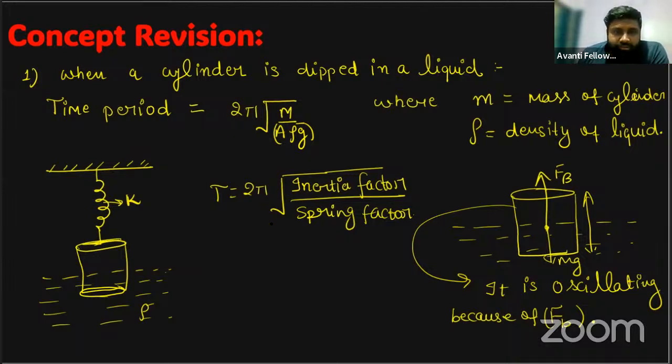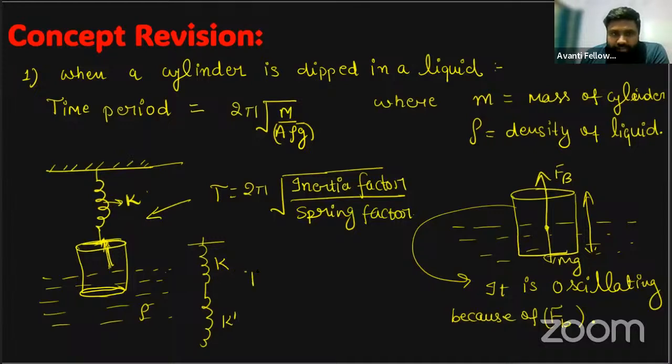In this case, if you consider the buoyant force of the liquid as a spring force acting on this cylinder, you can consider that there are two springs attached, of spring constant K and K dash, and the K dash here is given by this liquid.